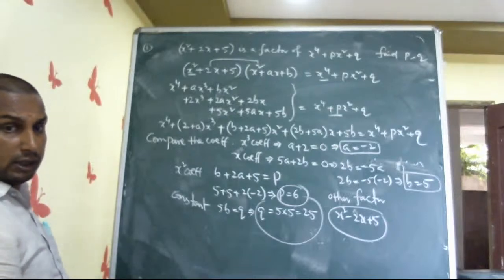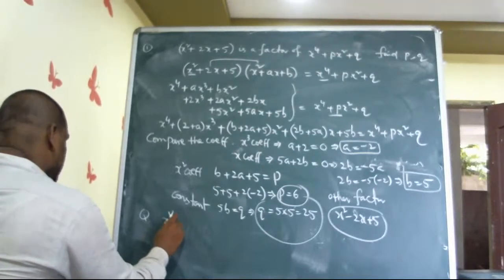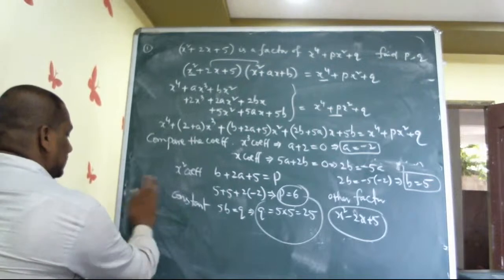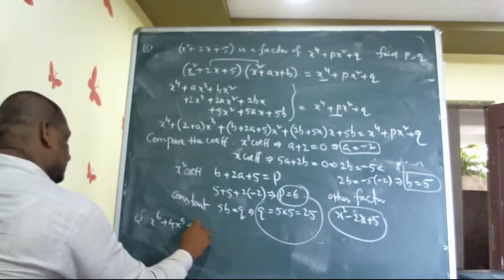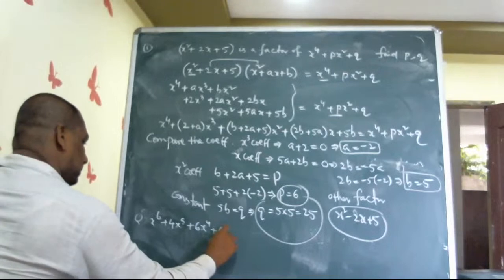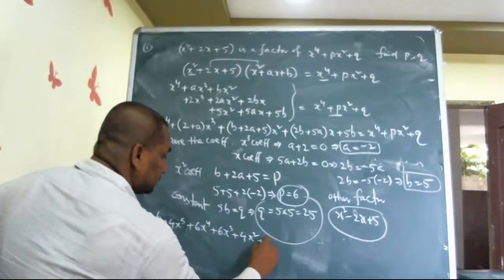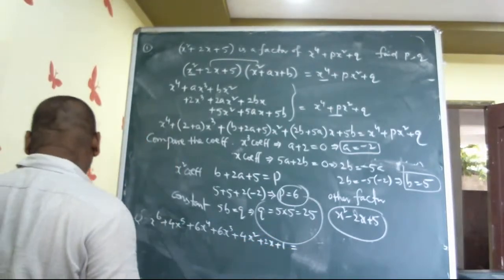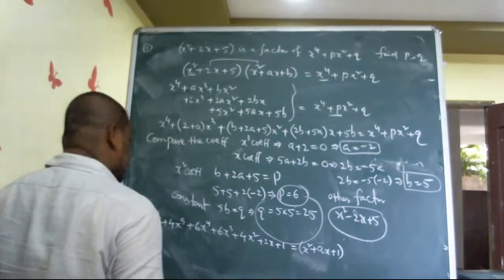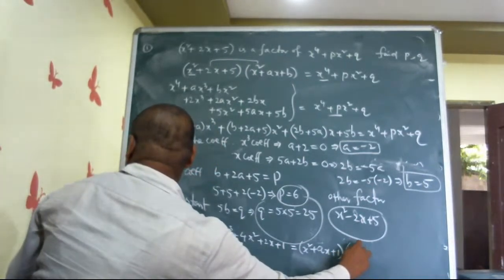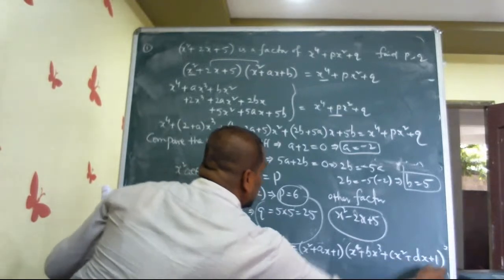Write down one more question in this concept only. After this question, we will conclude our session. x power 6 plus 4x power 5 plus 6x power 4 plus 6x cube plus 4x square plus 2x plus 1 is equal to (x square plus ax plus b) into (x plus 1) into (x power 4 plus bx cube plus cx square plus dx plus 1).